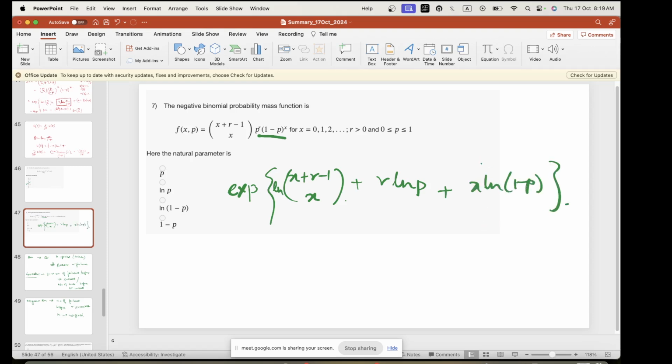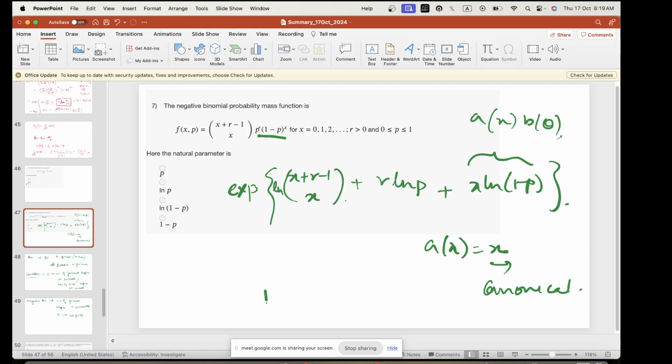So here this is the a(x) b(theta) term. a(x) equals x, so this is canonical, and b(theta) is actually ln(1 minus p). So this is the natural parameter.